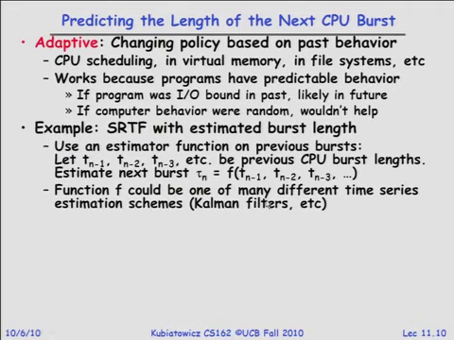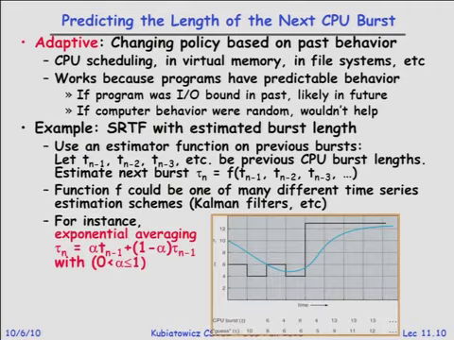Here's one that I'm sure you've seen. This is the exponential averaging idea, right? Where we say that the new estimate is the old estimate times a de-weighting factor plus the new time that we've just observed times alpha, where alpha and 1 minus alpha add to 1, of course. And this is a smoothing function, which I'm sure you've seen. It's a very simple time series.